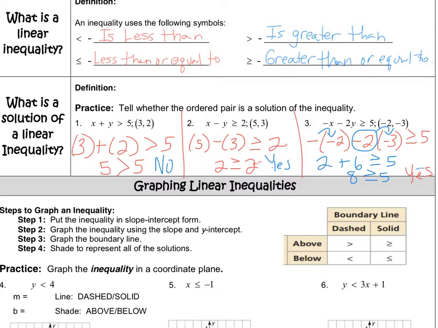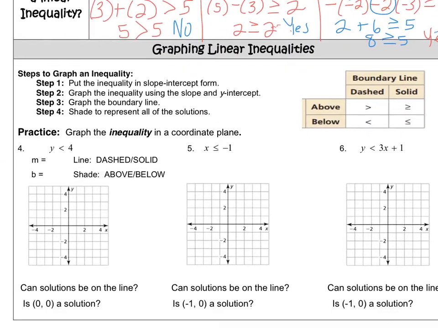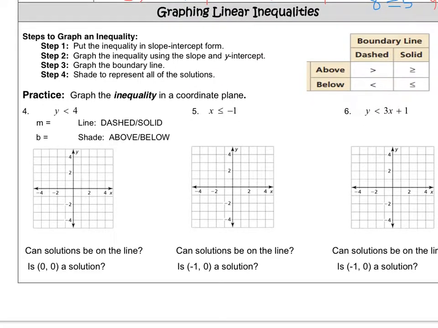Okay, so now we're going to actually start working on graphing linear inequalities. To graph them, I've put together a little chart up here on the right side, because when we're graphing a linear inequality, we'll graph the line the way you already know how to graph the line, except that we're going to have to decide if we're graphing a dotted or dashed line, or a solid line.